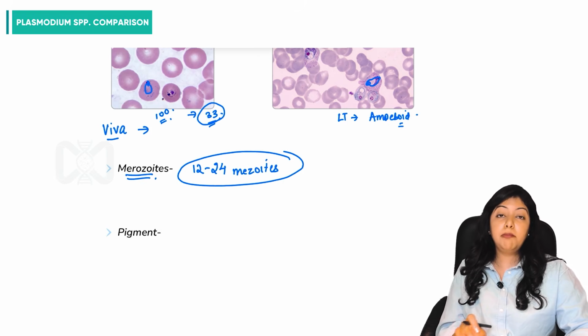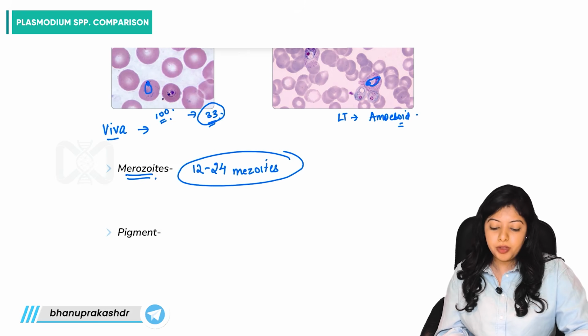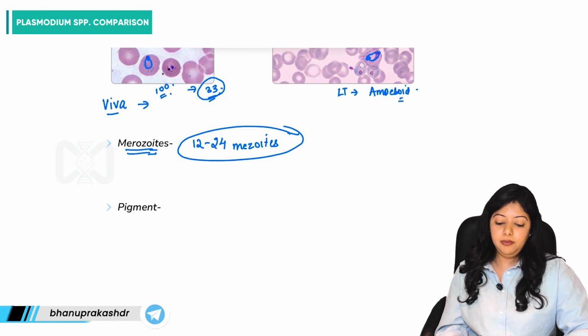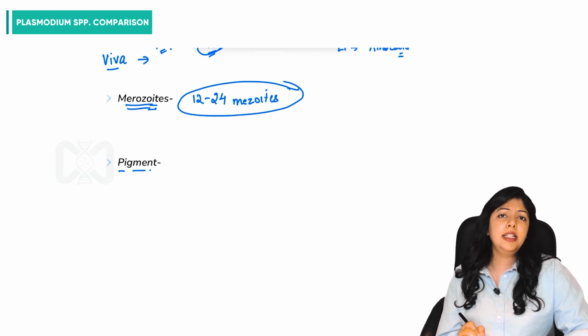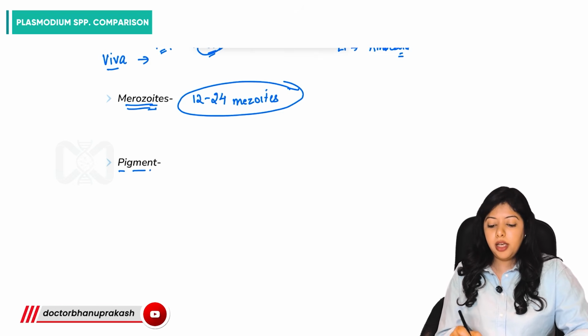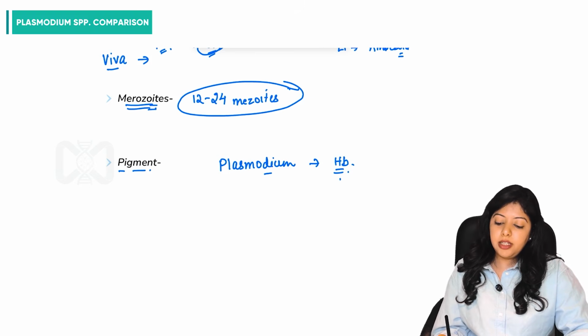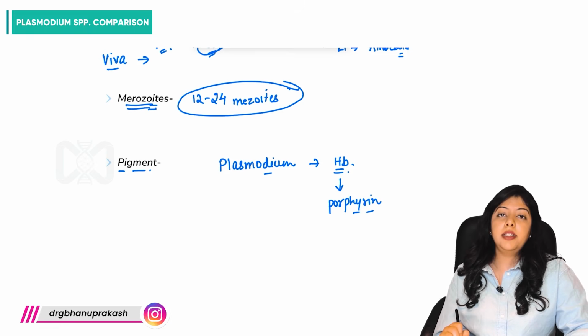We will be comparing all of these with the help of diagrams, so it gets very easy for you to remember, right? So merozoites are going to be 12 to 24 in number. And now the pigment. So what exactly causes the production of pigment? Plasmodium is naturally feeding on hemoglobin, right? So it releases undigestible products like porphyrin, right?